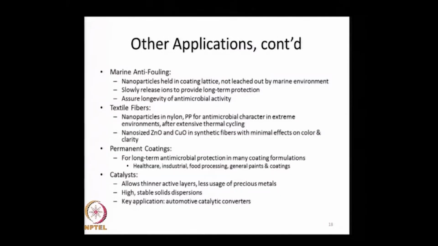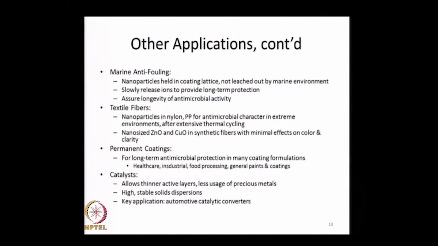For example, nanoparticles incorporated in nylon and polypropylene provide antimicrobial properties in extreme environments even after extensive thermal cycling. Nano-sized zinc oxide and copper oxide in synthetic fibers provide additional enhancements in properties without affecting color or clarity. Permanent coatings can be laid down using nanomaterials in many applications.